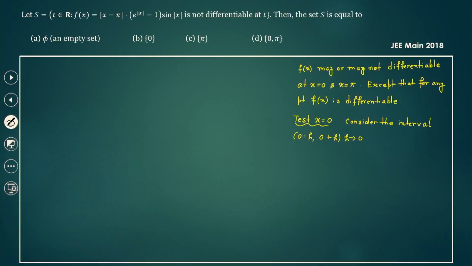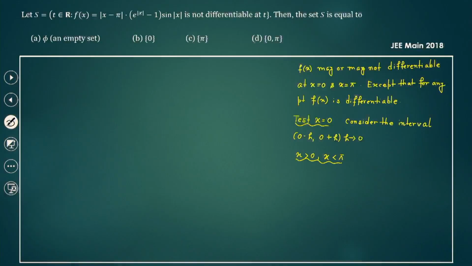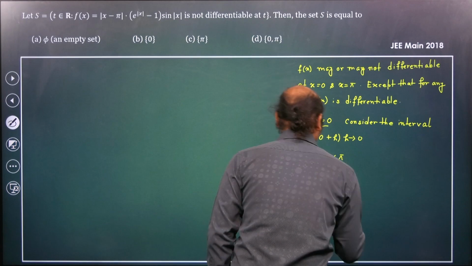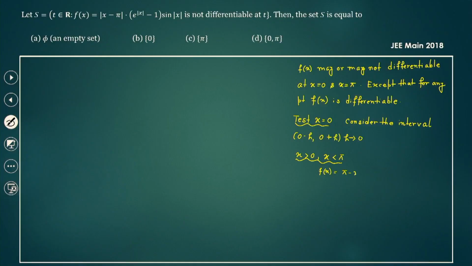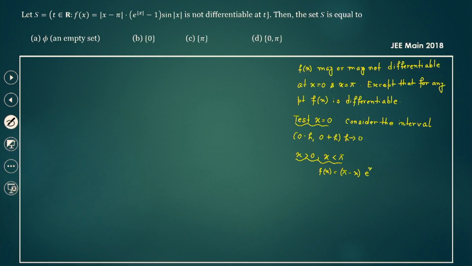So let's see that, okay? Now when x is greater than 0, the intuitive case is that x is less than pi. If I write down the function f(x) in this case, then since x is less than pi, it will be (pi minus x) times (e to the power x minus 1) times sine x. That's my function f(x). Let's try to calculate the derivative.